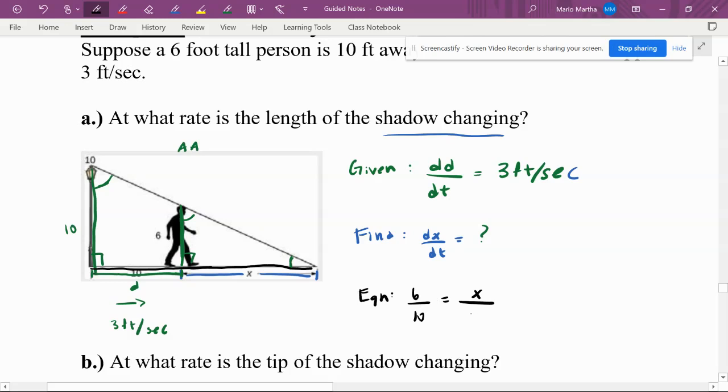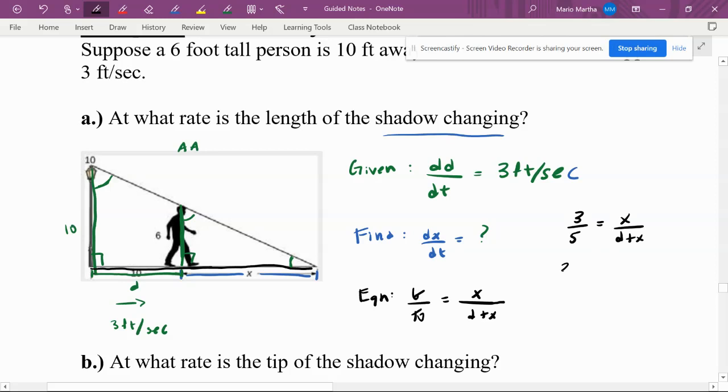Or in this case, let's leave it as d plus x. Okay. So now we can simplify this a little bit more. We can just reduce the fraction right here. That's going to be 3 over 5. So it's 3 over 5 equals x over d plus x.